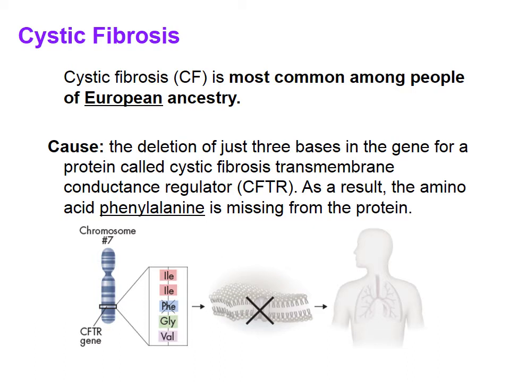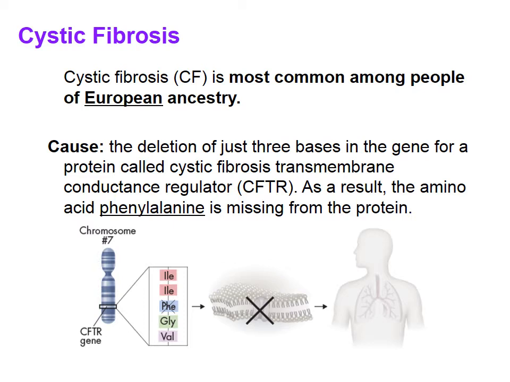Cystic fibrosis. Now, this is most common among people of European ancestry. And this is caused by the deletion of 3 bases. And I believe it's on chromosome number 7. It's deletion of just 3 bases in the gene for a protein called cystic fibrosis transmembrane conductance regulator.